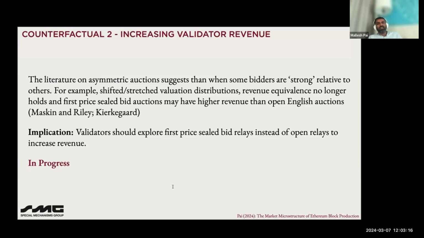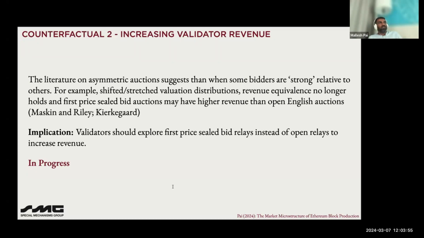We know from Maskin and Riley, or most recently from Kierkegaard, that when you have heterogeneous bidders and one class of bidders has a value distribution that is either shifted upwards from the other class or stretched from the other class, then revenue equivalence no longer holds in general, and first price sealed bid auctions may have higher expected revenue than open English auctions. Here we have a setting where your value is shifted up, but also compressed, because the variance is lower.